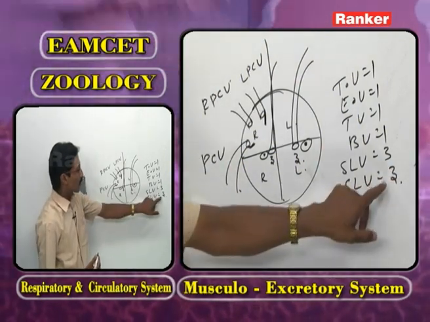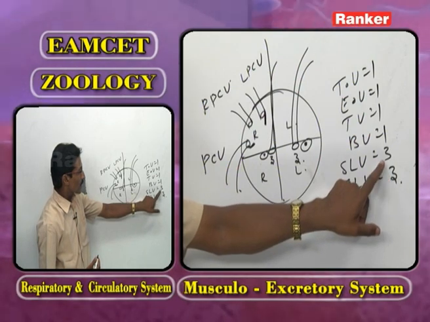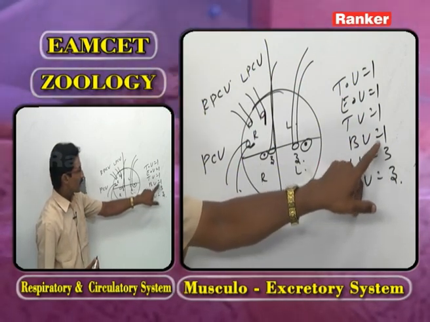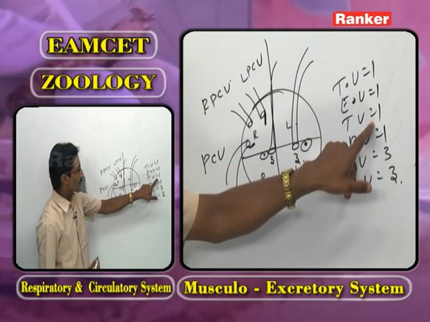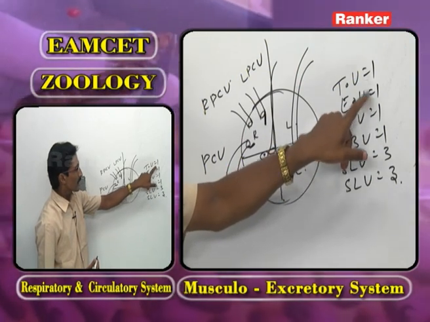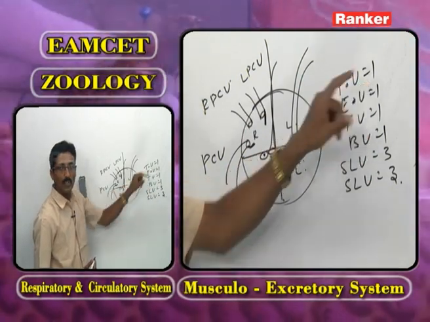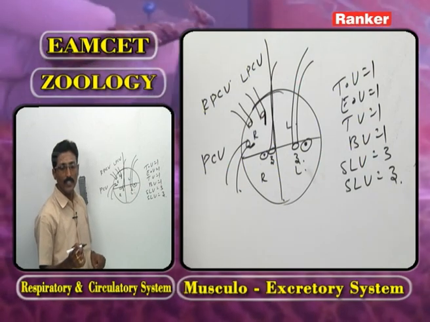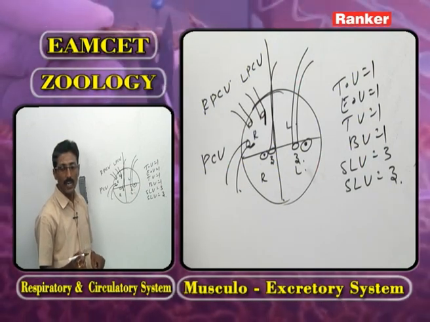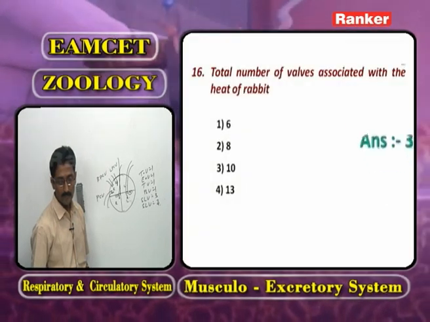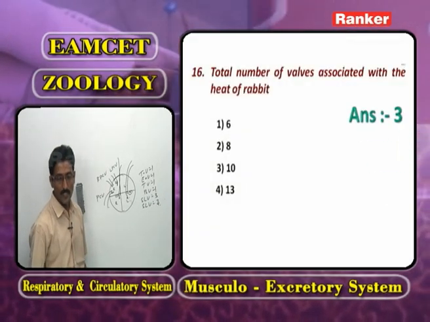Now you have to count. Semilunar valves 3 plus 3 is 6. Bicuspid valve 1. Tricuspid valve 1. Eustachian valve 1. And sebaceous valve 1. Total number of valves associated with the heart: 10. Now we go for the next question.